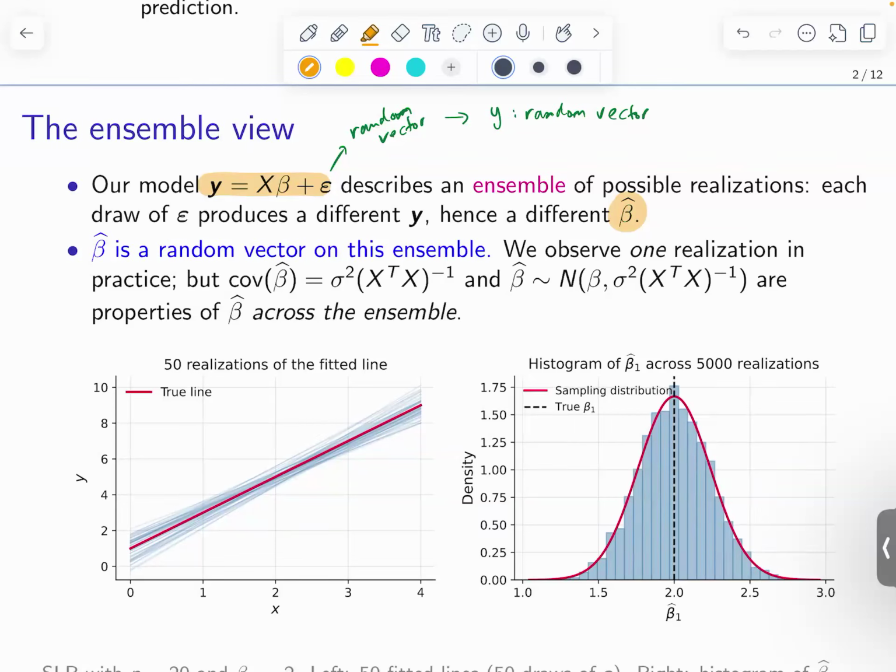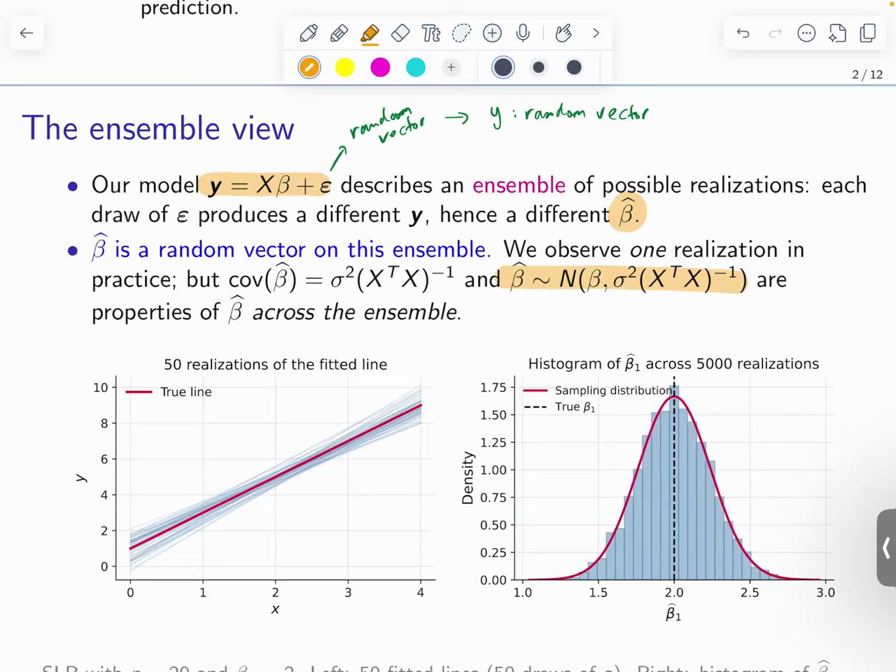In practice, we often observe one realization of this, but the statistical properties, like the covariance matrix of beta hat that we derive, or statements about the distribution, are about the ensemble values. They're not about a single realization. That's what I want to enforce a little bit.